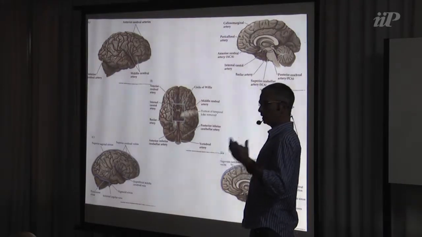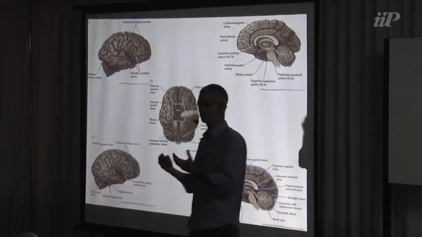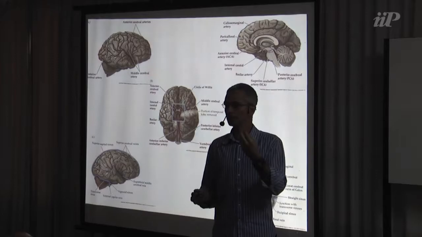So when specific areas of the brain modulate their electrical activity, that modulation is followed by an increase in the arteriole's diameter close to the place where you had increased electric activity.